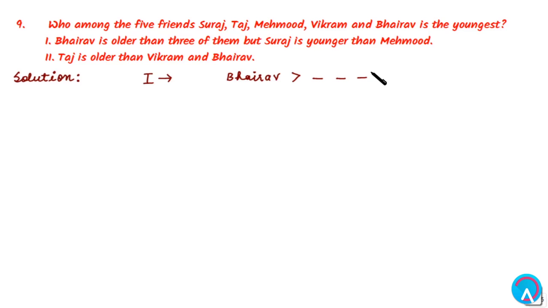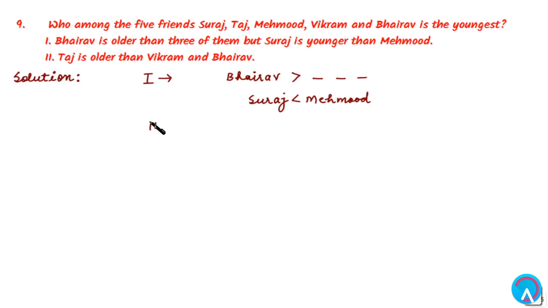So these are the 3 from whom Bhairav is older, and it is also given that Suraj is younger than Mahmood. This is what we have from statement 1, and from statement 1 we cannot know who is the youngest.